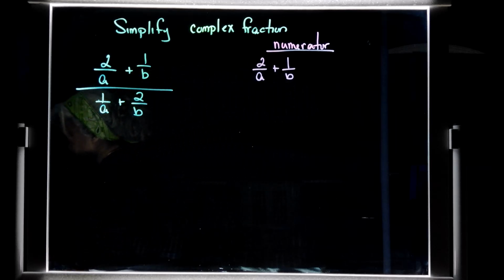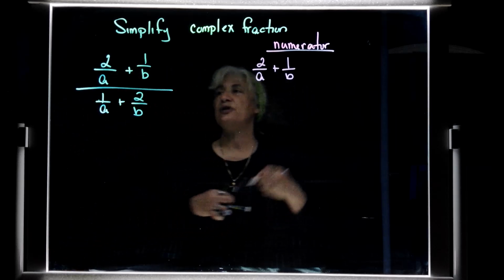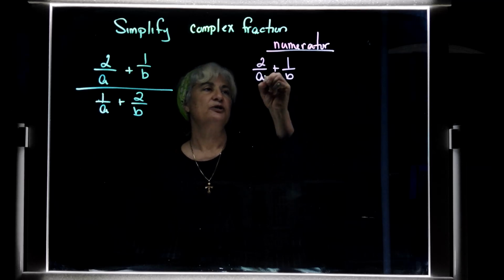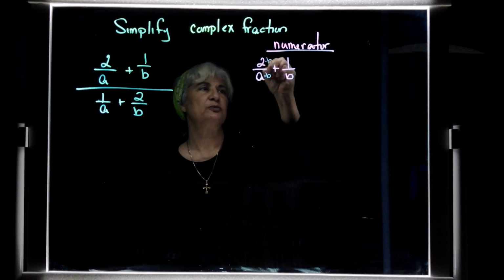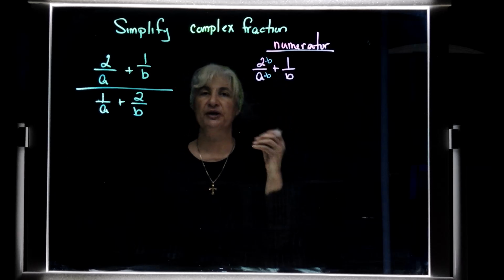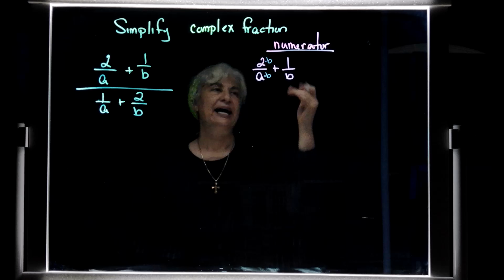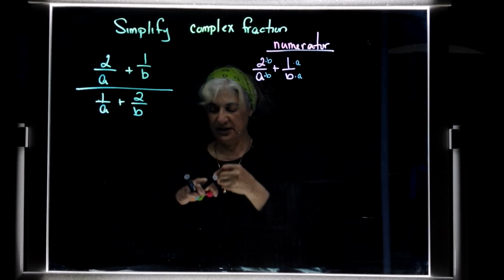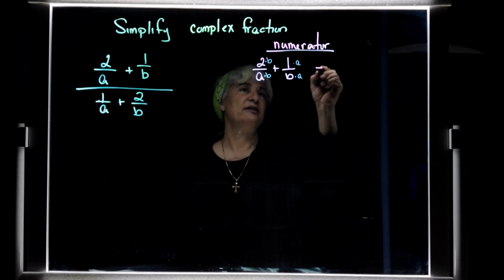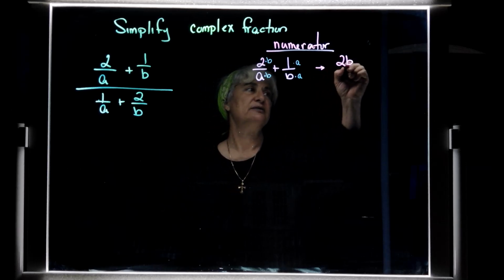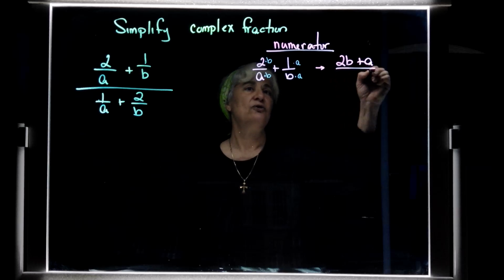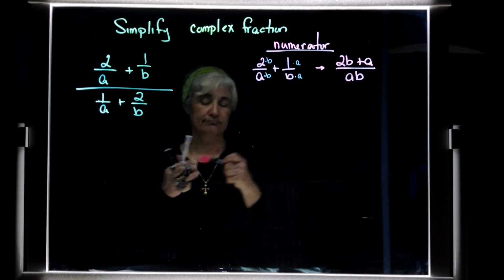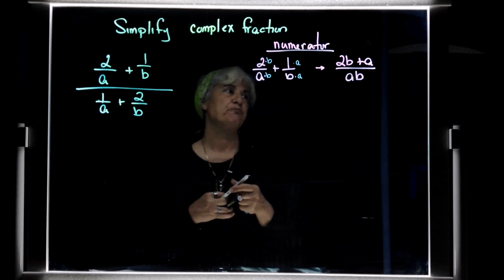Well, in order to add them together, you need a common denominator, which would be a times b, which means fraction number 1 gets multiplied by the variable b in the numerator and denominator, and fraction number 2 by a, which means we end up with 2b plus a over a times b. That's our numerator. Okay with that?